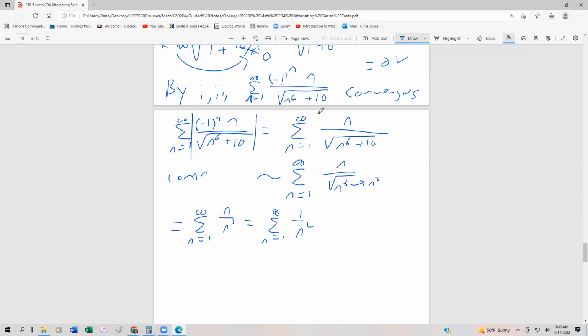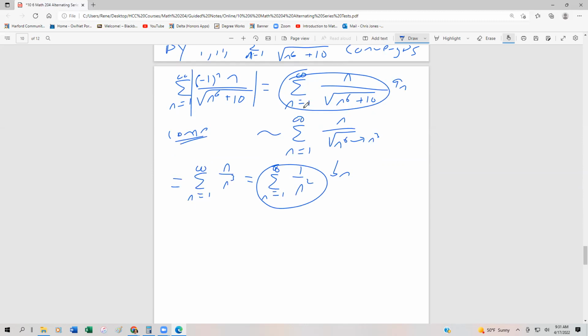Now, you probably remember that this is going to be our b sub n, and this is our a sub n, with our comparison test. There are two conditions. One is we have to determine whether b sub n is greater than or equal to the terms of a sub n.